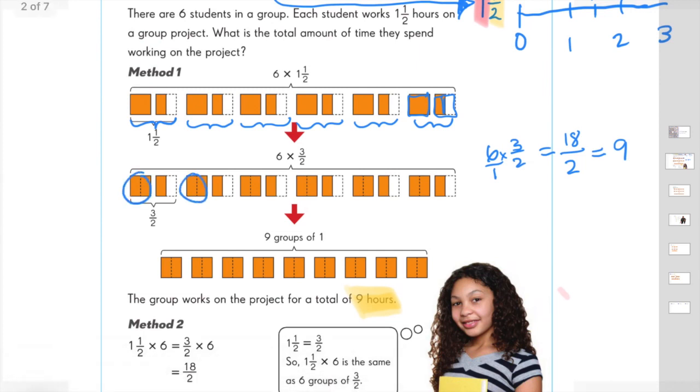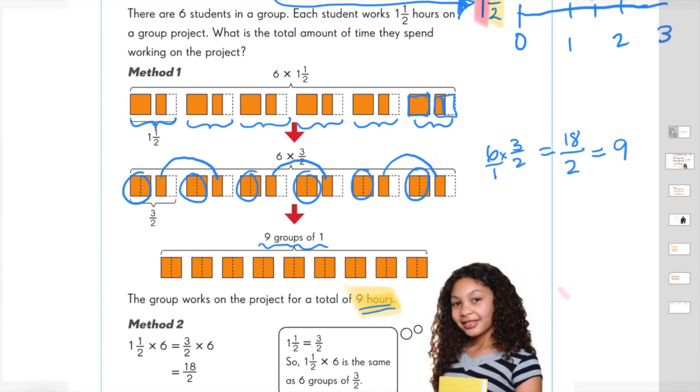There we go. 1, 2, 3, 4, 5, 6. We combine these 2 halves and get 7, these 2 halves and get 8, these 2 halves and get 9. And so that's how we get 9 groups of 1. And so we know that the group works on the project for a total of 9 hours.